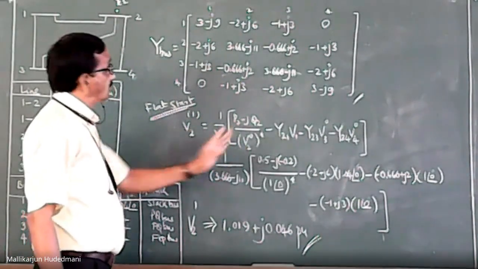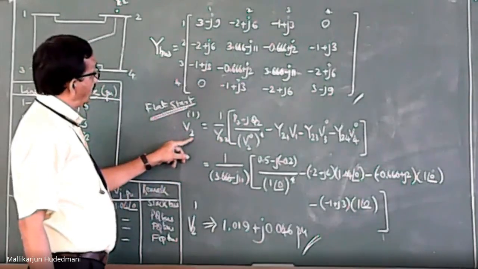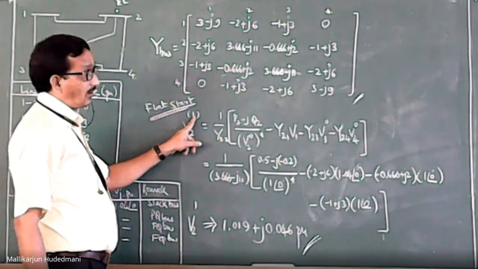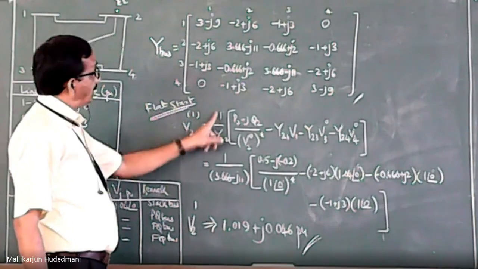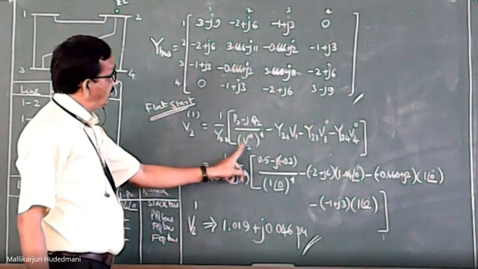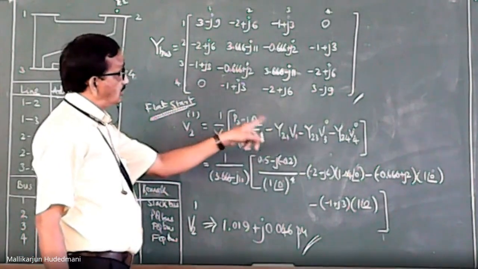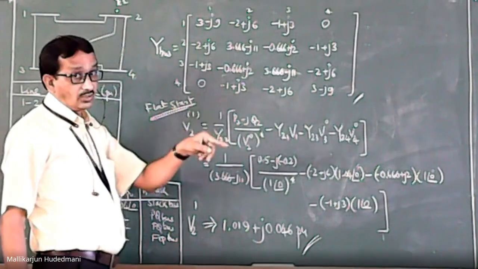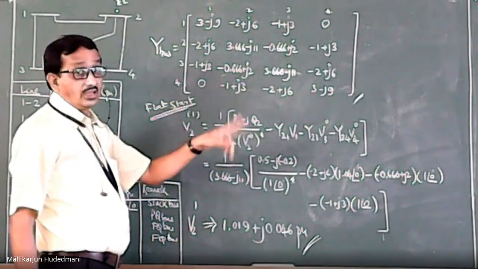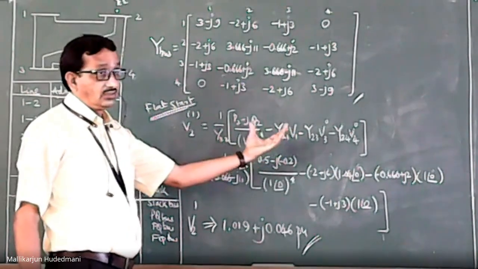If I write it in an arbitrary way, Vk at iteration r plus 1 equals 1 by Ykk, into Pk minus jQk over Vk^0 conjugate, minus the summation over m from 1 to n, m not equal to k, of Ykm into Vm. That was the expression we had in the derivation.